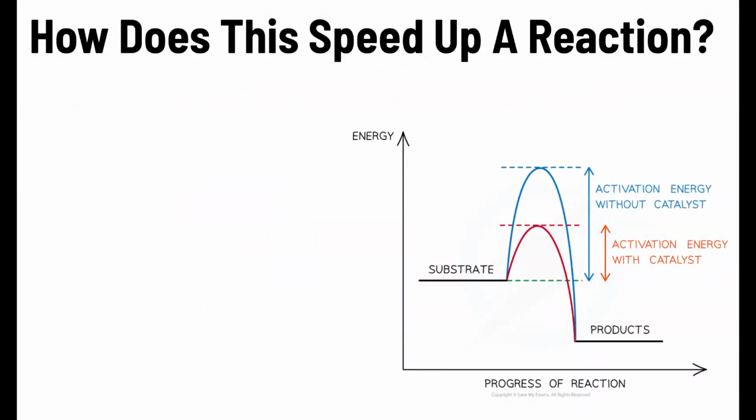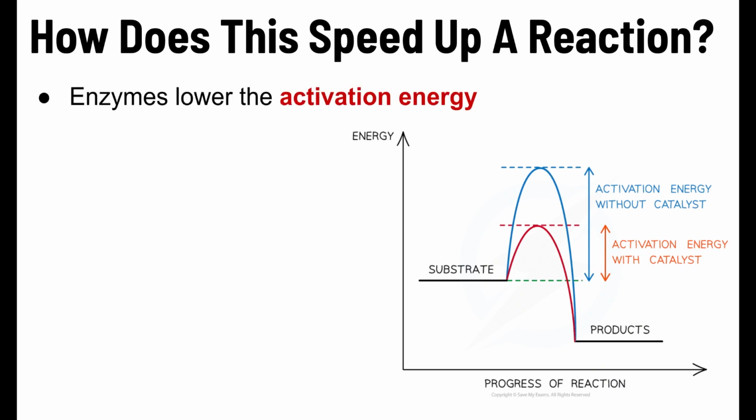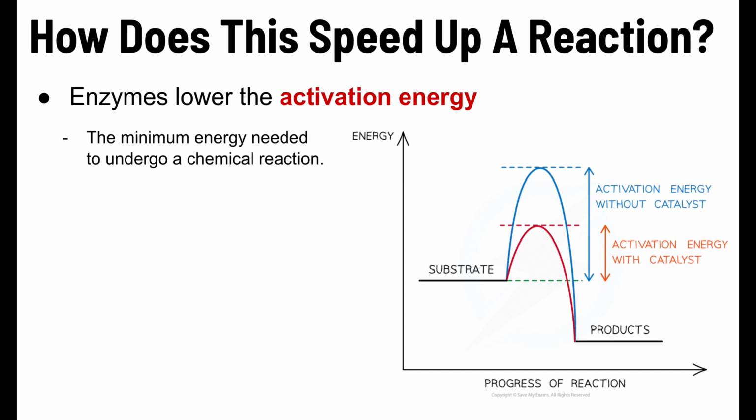Okay, now, I told you that an enzyme speeds up a reaction, and I showed you what it looks like when it's going through the reaction. But how exactly does it speed up a reaction? Well, specifically, enzymes lower the activation energy. And activation energy is the minimum energy that's needed to undergo a chemical reaction. So in this graph on the right, you can see a blue line, and that blue line is showing you the amount of energy that's needed for this reaction to go from the substrates to the products at the end.